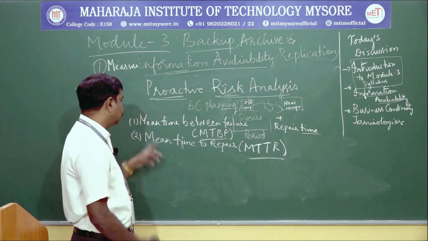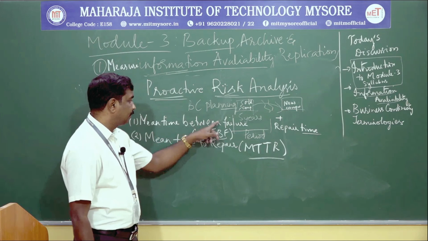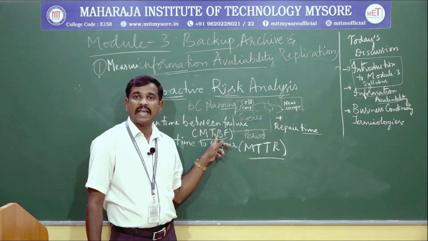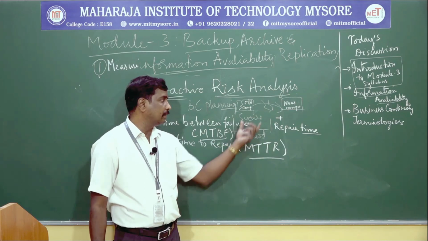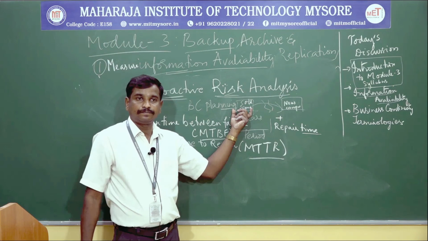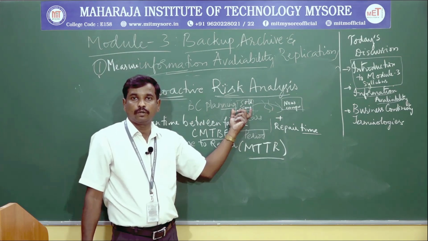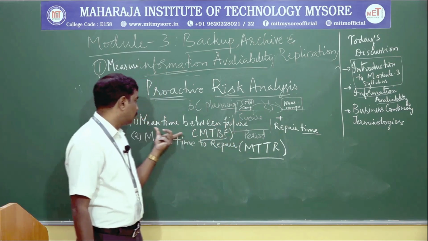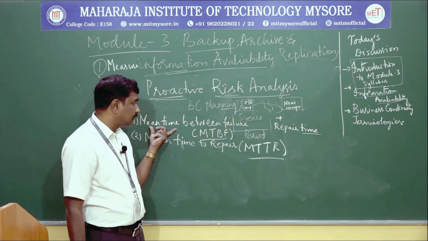So how do we define the mean time between failures? Mean time between failures, as I was saying, is the average time available for a component or a system to perform normal operations between failures. So this is called mean time between failures.